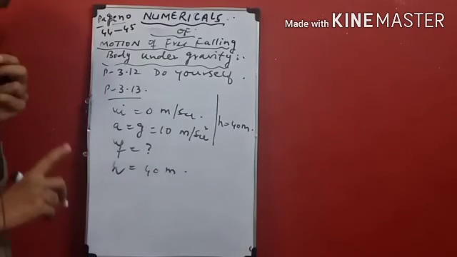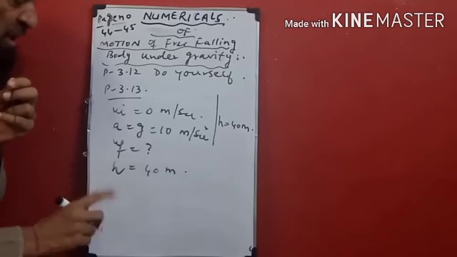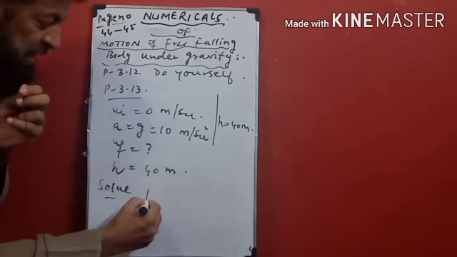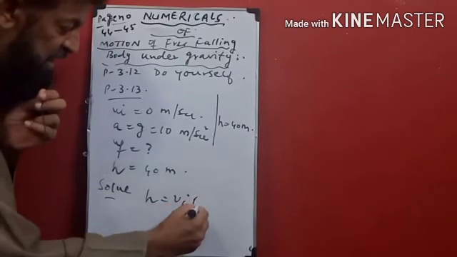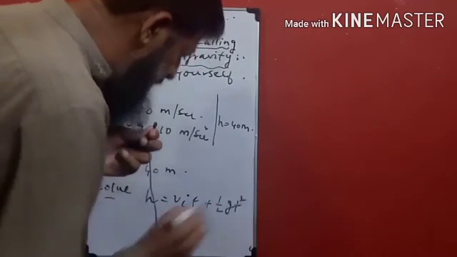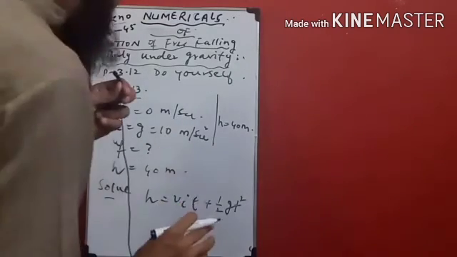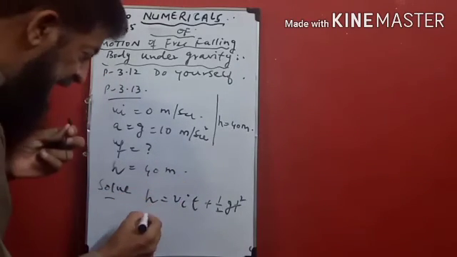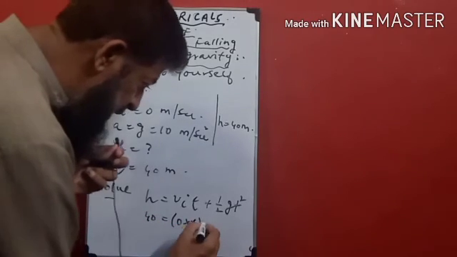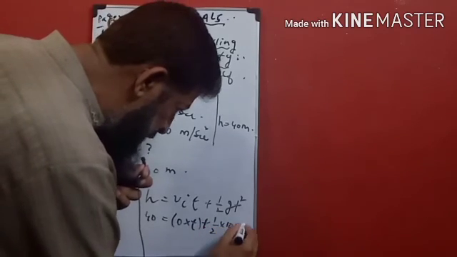So we apply equation number 2 of the equations of motion changed for gravity, and this formula becomes h is equal to Vi t plus half g t square. But time is not given in the question and time is required. Height is 40, Vi is 0 multiplied by t, plus 1 upon 2 into 10 into t square.